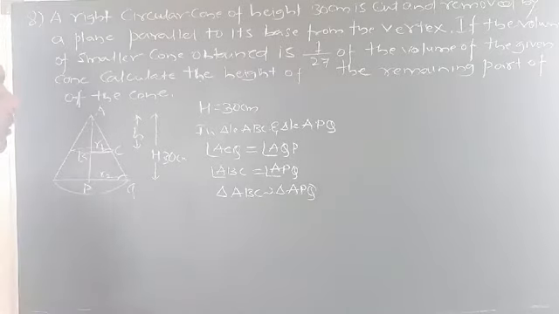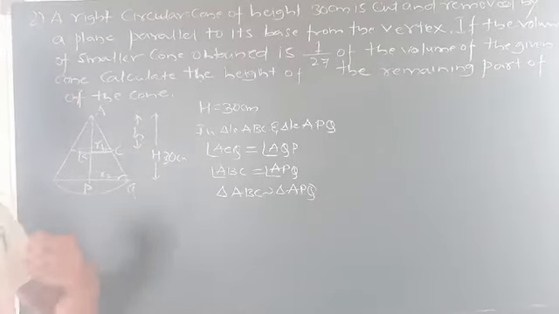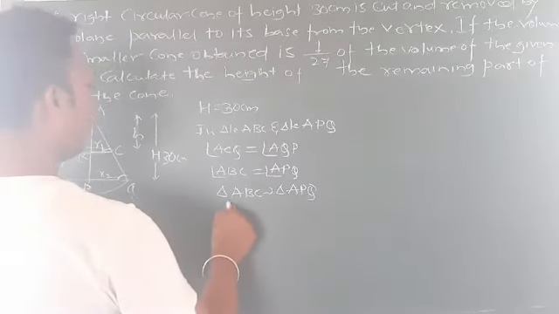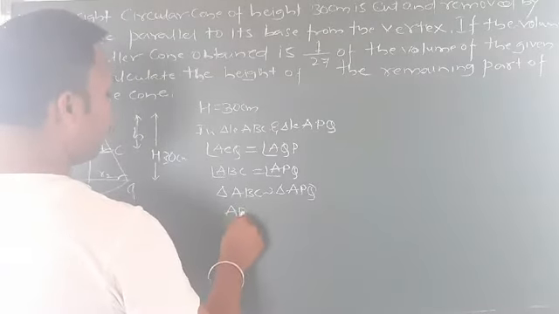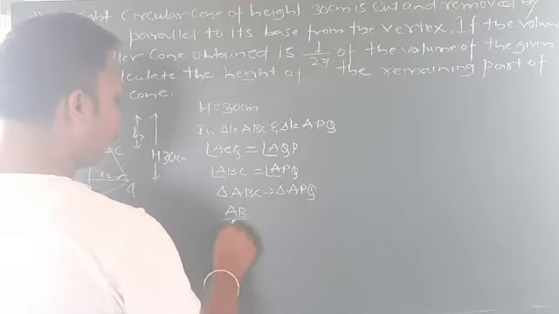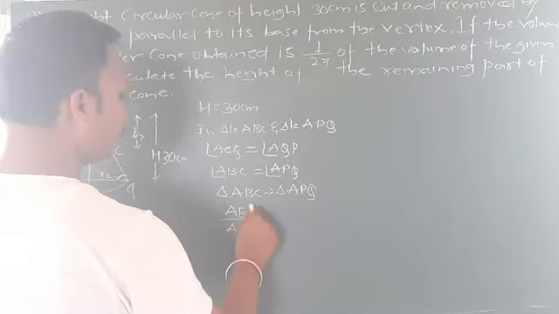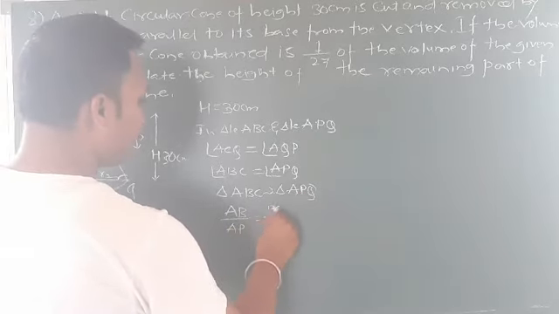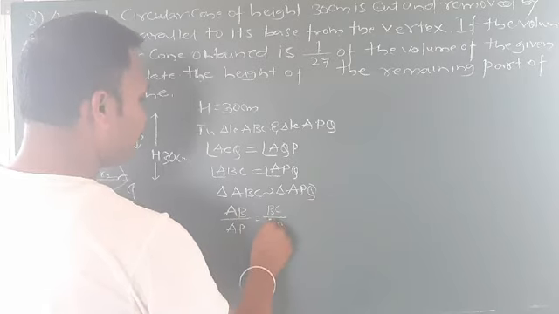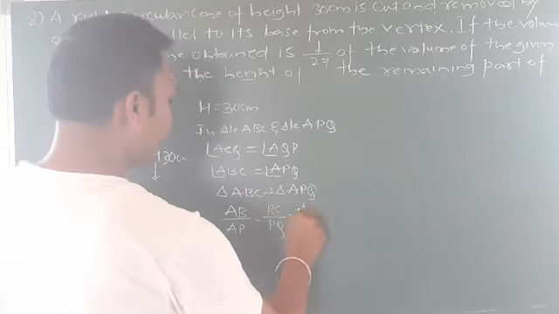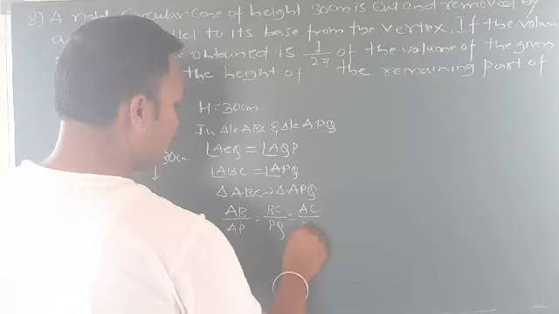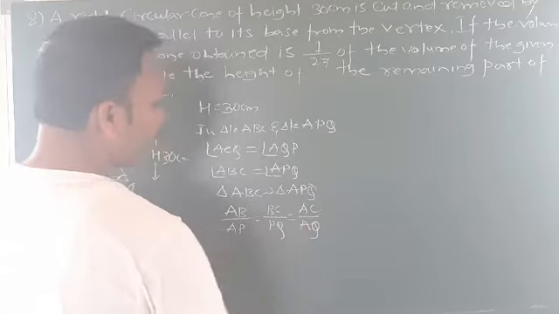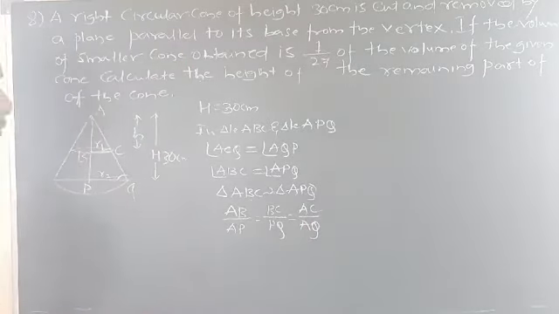Once the triangles are similar, we know very well that the sides are proportional. So we can say AB by AP equals BC by PQ equals AC by AQ. Now substitute the values.